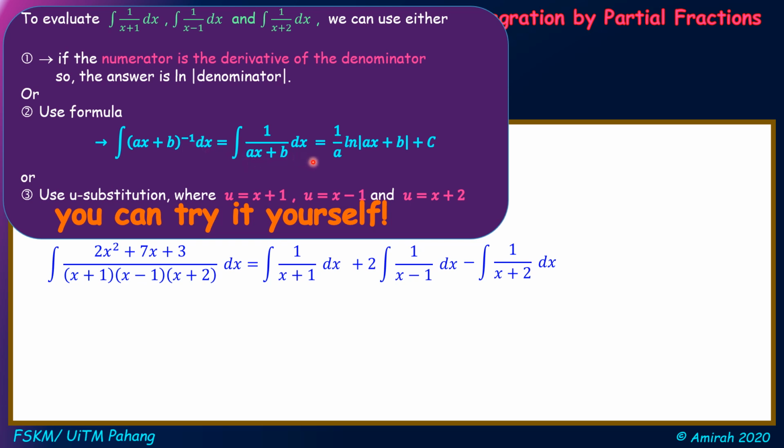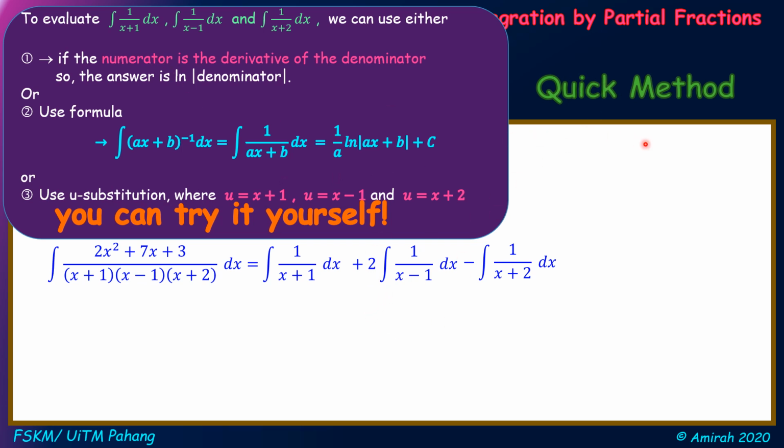So we can use this formula, 1 over a, where a means the coefficient of x. Or we can use u substitution, where u equals x plus 1 to evaluate this function, u equals x minus 1 to evaluate this function, and u equals x plus 2 to evaluate this function. We can use either method 1, method 2, or method 3.